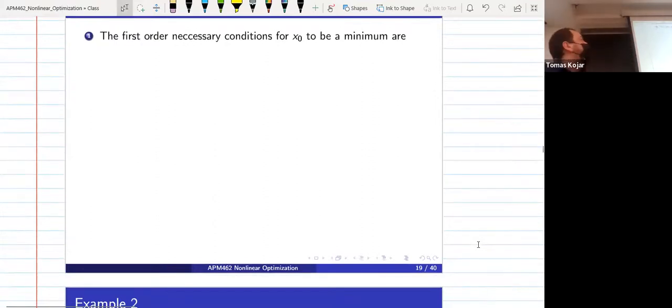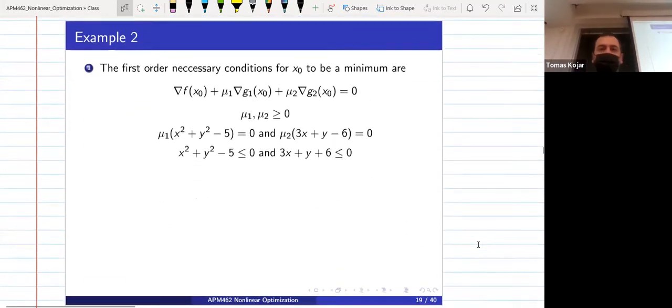Okay, good. But suppose we give you the local min, now you have to check first and second order. So this is your system.